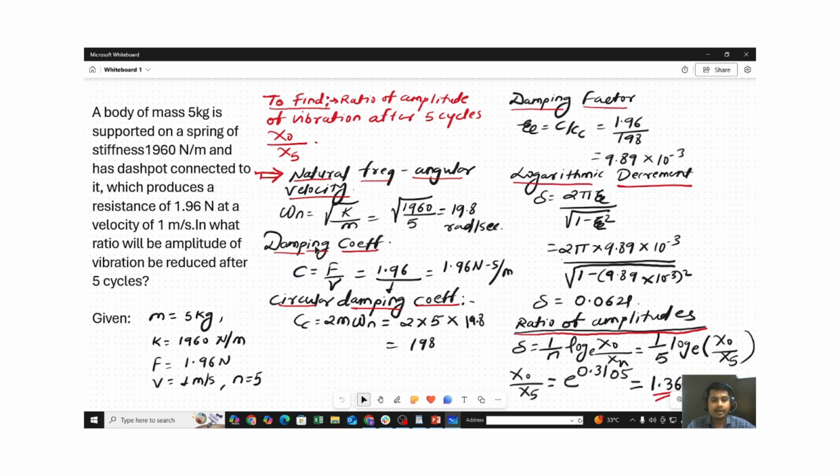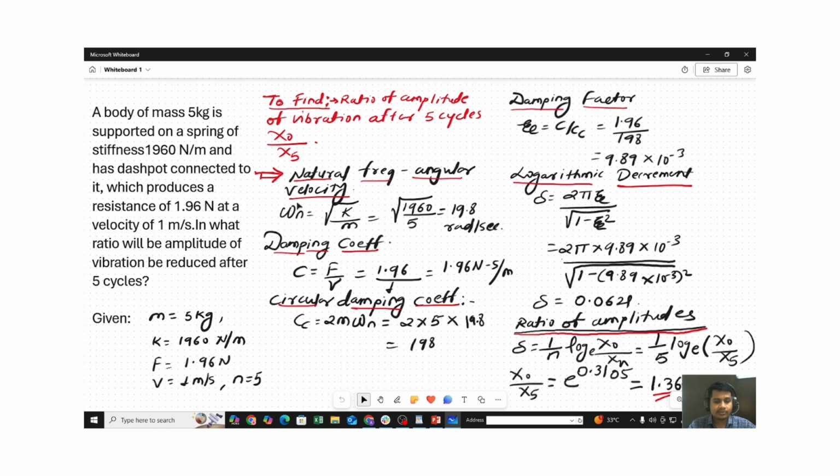For finding the angular velocity omega n, we can use the formula square root of k by m. So let us first find omega n. The formula is square root of k by m. K is given, that is 1960, and m is 5 kg. So omega n will be 19.8 radian per second.